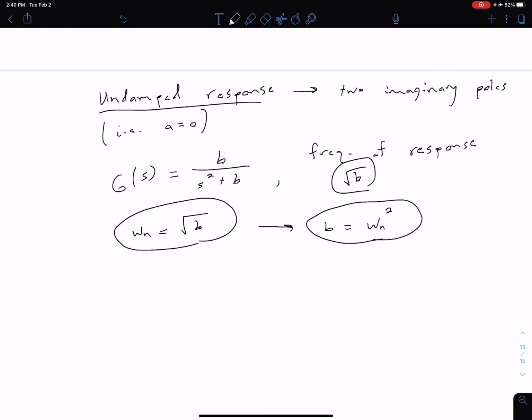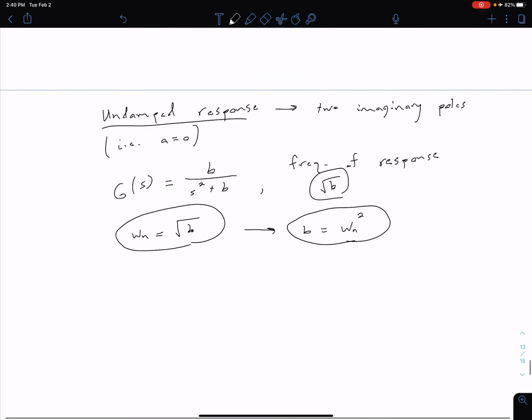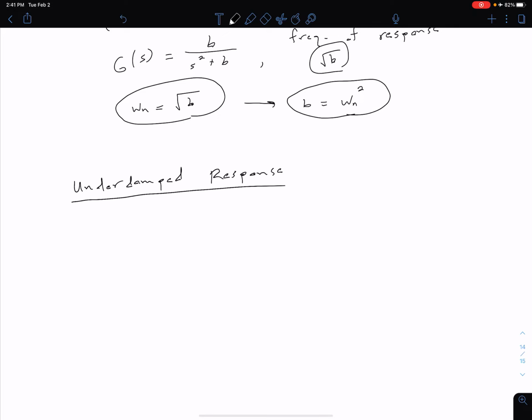The next thing we want is a relationship between zeta and our old parameters a and b. Because we already have this information for omega n, we can consider another response type. Let's consider our underdamped response type, and for it we're going to be looking for that relationship to a.